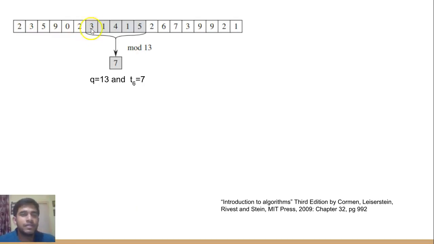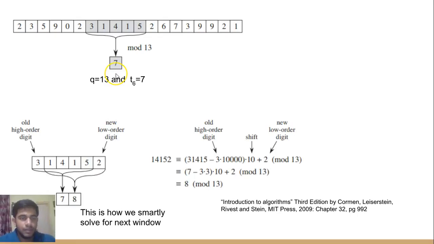Since only 5 letters are highlighted here, it must mean that the value of M should be 5, and if you divide this number with 13 and find the remainder, it gives the value of 7. This is how we solve for T(S+1) given the knowledge of TS.